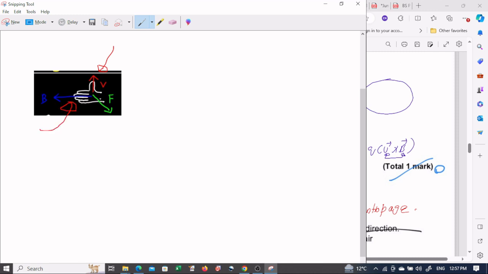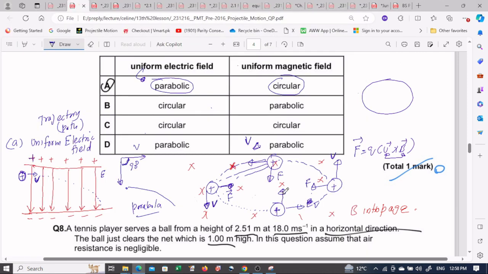Now the force is towards the palm. At every point, you draw the right hand like that, your fingers pointing towards the magnetic field into the page, your thumb along the speed, so the force will be along this green arrow. This will be the direction of the magnetic force. So at every point we can see that the magnetic force is inward, so this will follow the circular track.